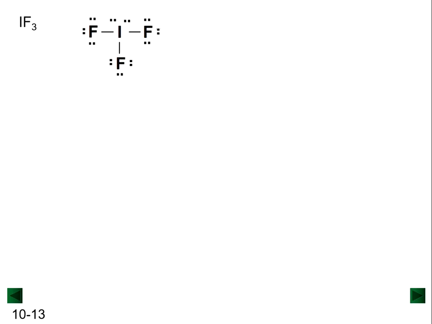The last molecule we'll look at is iodine trifluoride. The Lewis dot structure is shown here. The central atom is iodine. We can go through and count up electron groups, so see how many you get. In this case, you should get 5 electron groups around the central atom: 3 single bonds and 2 lone pairs.